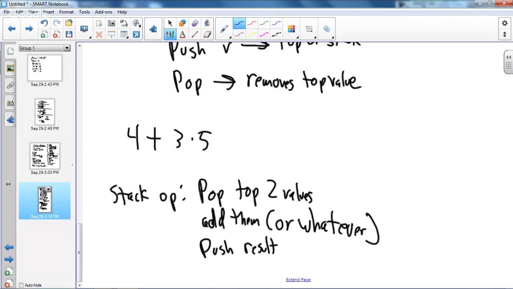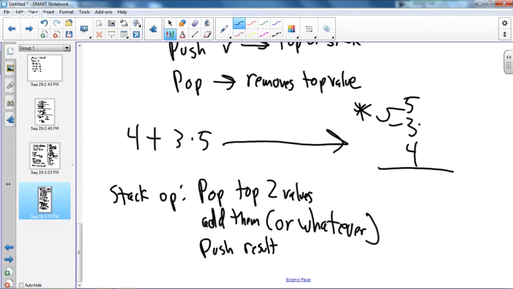So what does this wind up looking like? Let's take 4 plus 3 times 5. Here's the bottom of the stack. First you push the 4 onto the stack. Then you push the 3. Then you push the 5. Now you do a multiplication instruction.